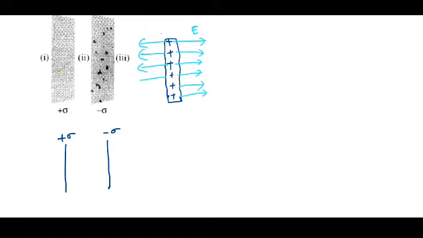If you have positive charges like this one, and if this is a cross-sectional view of that plane charged sheet, then the electric field lines will be away from these charges. And for a negatively charged sheet, which contains a large number of negative charges, the electric field lines are going into the charges.